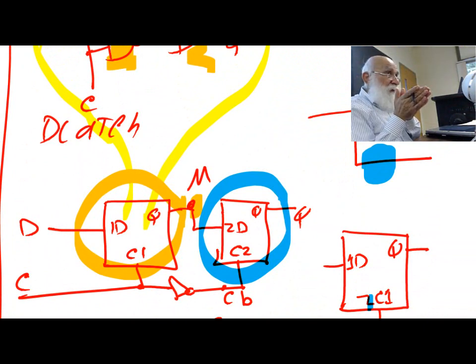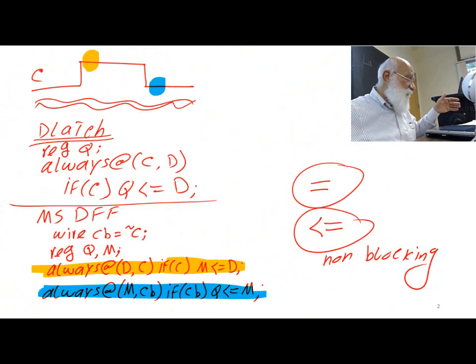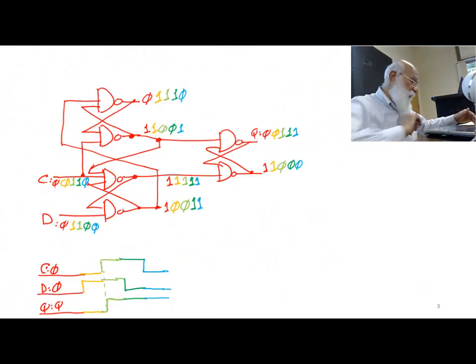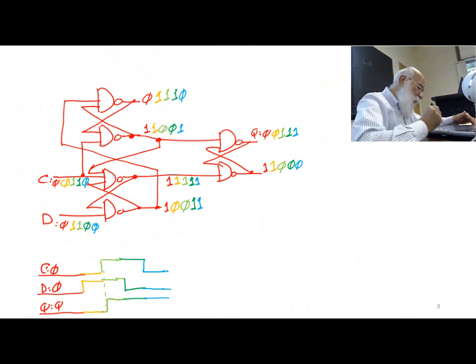Okay, and at the time of clock changing from 1 to 0, what happens is M is taken and goes on the output. But we are very clearly seeing that this is not happening here. What is happening is D became 1, and then the clock goes from 0 to 1.